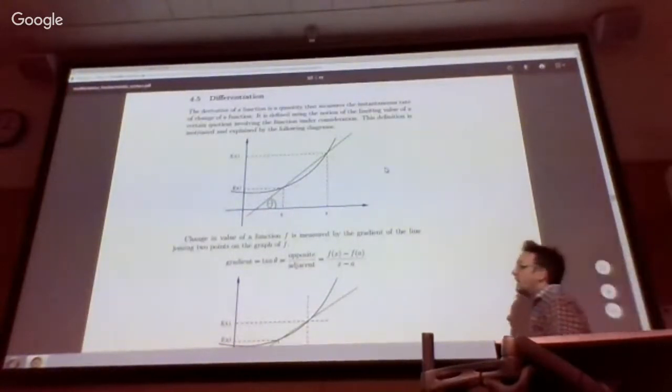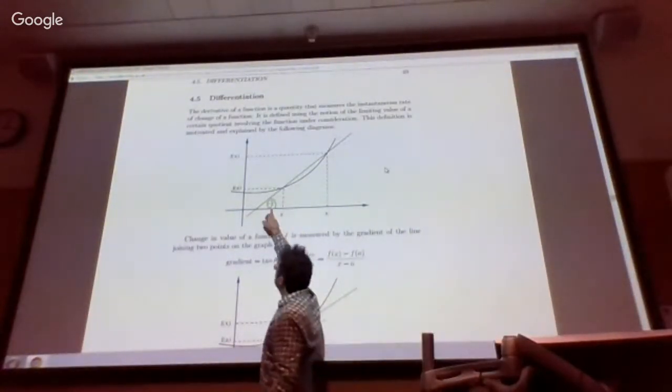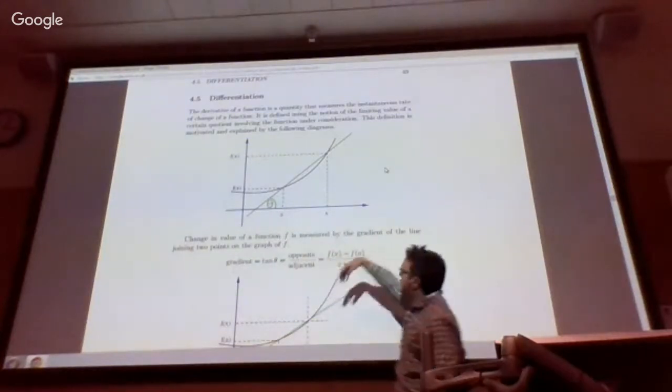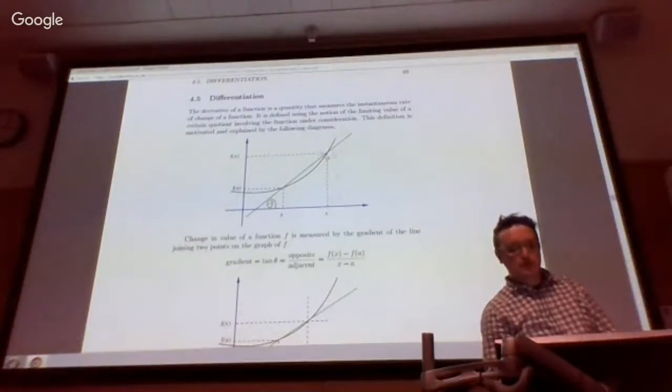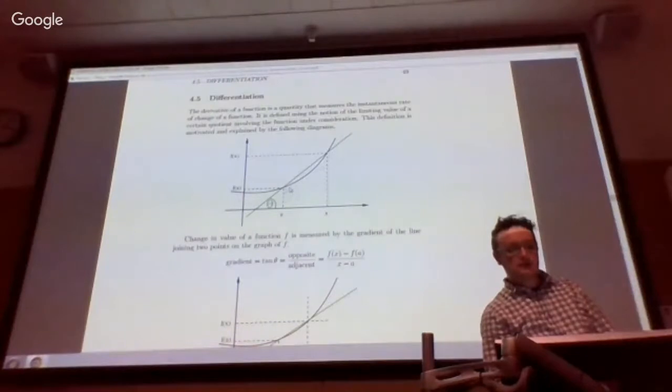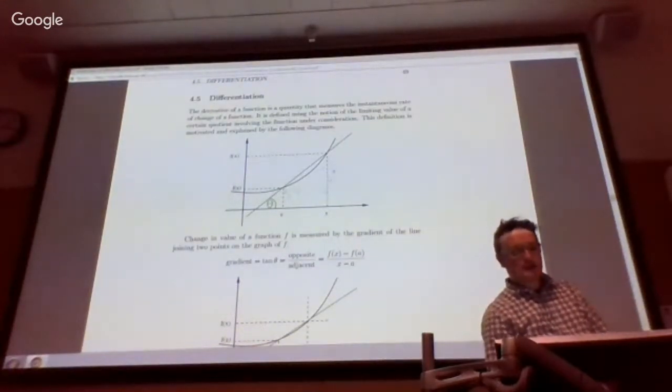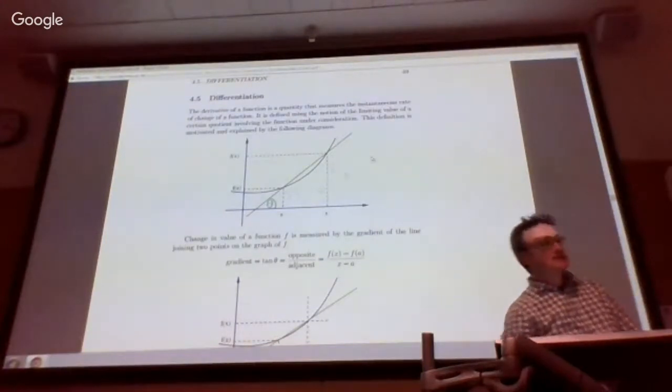The gradient of that line is also known as the tangent of the angle. In terms of the triangles involved, you can form a right angle triangle by dropping a perpendicular, extending from the point (a, f of a) up to (x, f of x), with a horizontal base along here. The tangent of that angle is the ratio of the opposite side to the adjacent side.